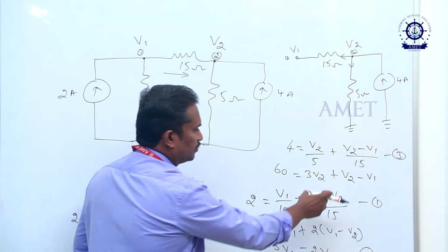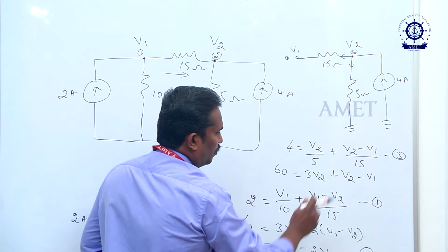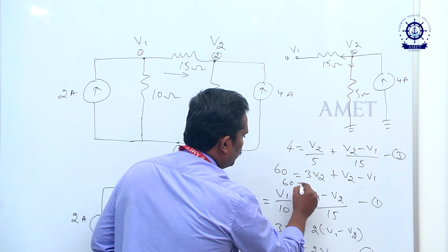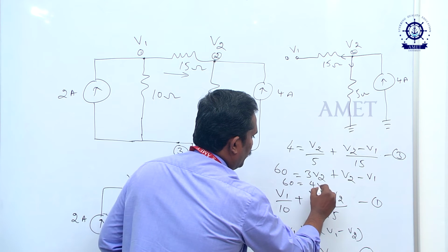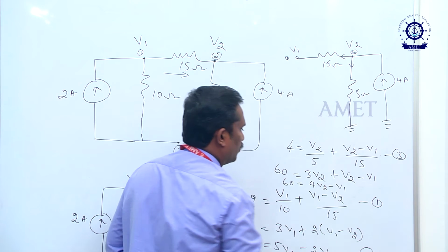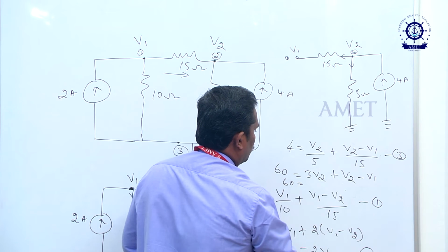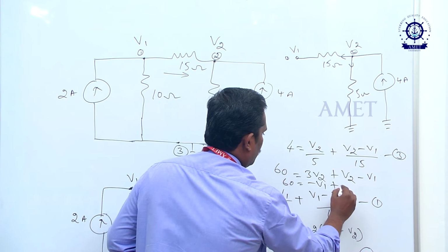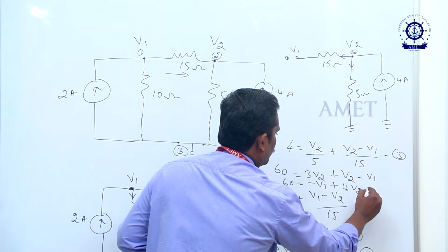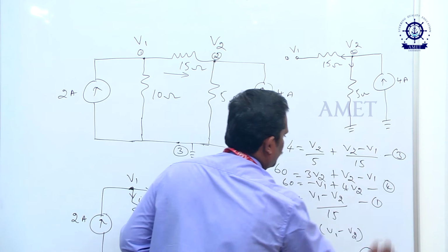Add both the V2 terms: 2 V2 plus 2 V2 gives 4 V2, minus V1. So 60 is equal to 4 V2 minus V1, or I can write it like this, minus V1 plus 4 V2, which is the fourth equation.